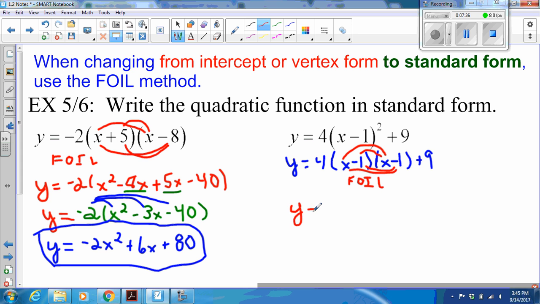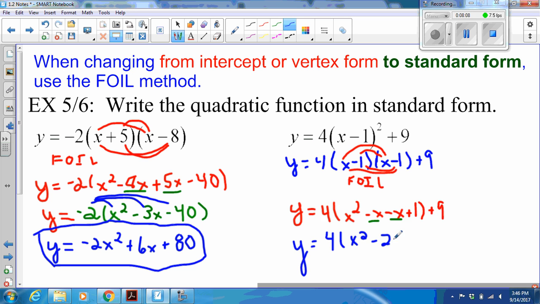So we have y equals 4 times x squared, then minus x. Remember, 2 negatives make a positive, so we have plus 1, and then outside the parentheses, plus 9. Before we do anything with distributing, you need to add like terms. So we should have y equals 4 times x squared minus 2x plus 1, and outside the parentheses, plus 9.